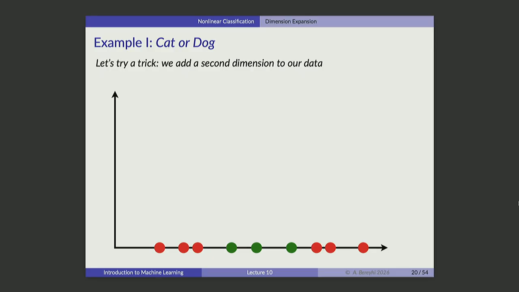I'm going to build this second dimension, and I am going to consider one nonlinear function, for example, x squared, one polynomial. Now the second dimension is going to be based on this nonlinear function. Everybody understand what I'm doing?